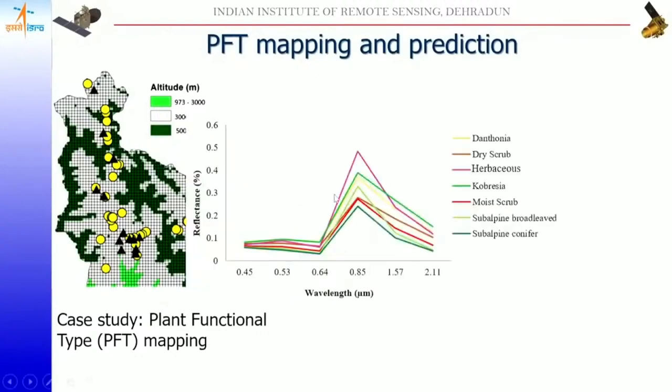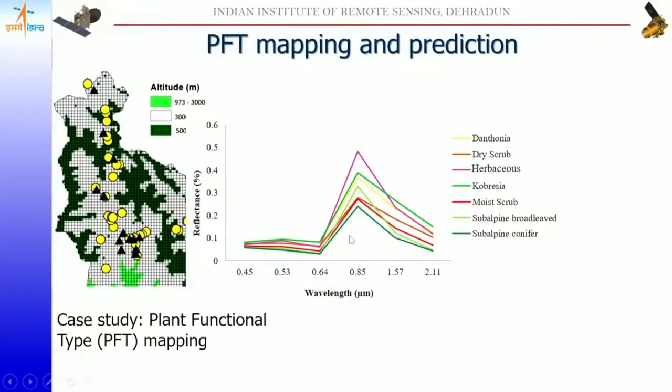With the availability of multispectral data sets, we can see the spectral separability of the different functional types. For example, here you can see the separability of the groups of functional types, Danthonia, dry scrubs, herbaceous, on Landsat data.